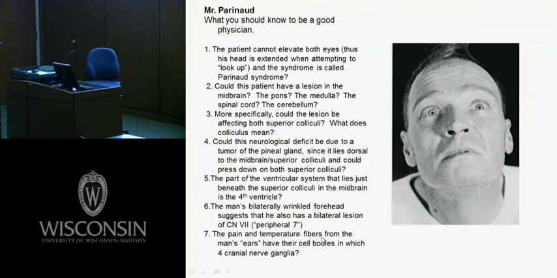The pain and temperature fibers from the man's ears could have their cell bodies in which 4 cranial nerve ganglia? Well, trigeminal, geniculate, superior 9, superior 10, and those axons are going to go in the spinal tract 5.